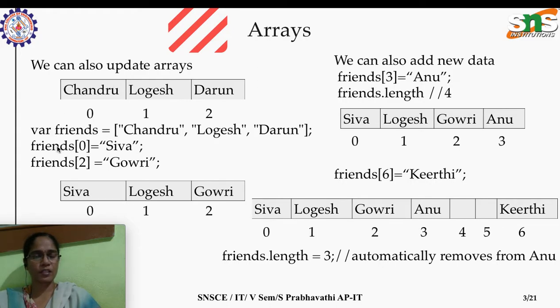So see here, you are changing the value at index position 0 using the array name, within the square brackets its index position, equal to the new value instead of this one, so this will be stored over here. Similarly, friends[2] will be updated to this new value, Gauri.